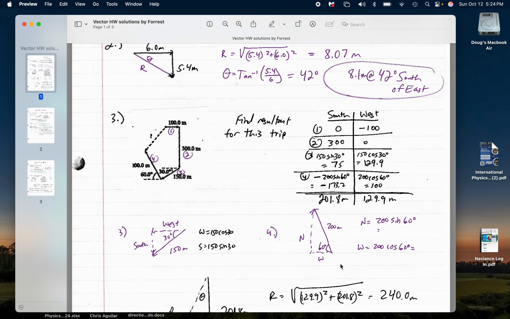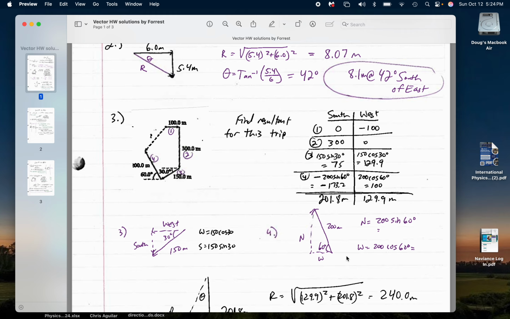For number 4, we're going northwest. So again, I'm redrawing this last vector here and splitting it into components. It's 60 degrees north of west. So the adjacent side of that is going to be west. The opposite side is going to be north. So the north is a sine function, the west is a cosine function.